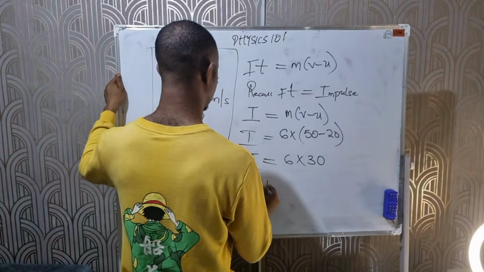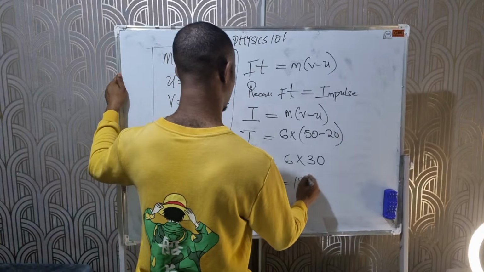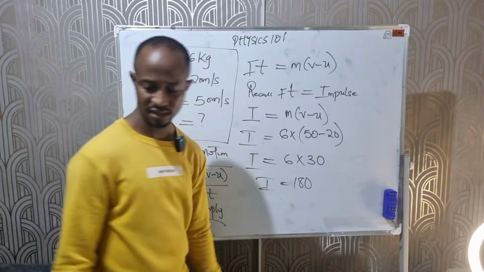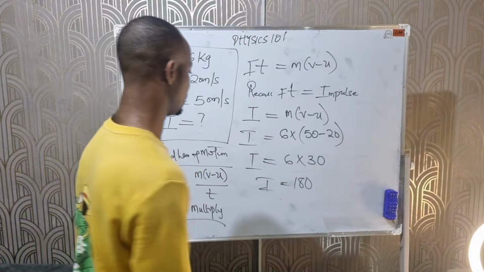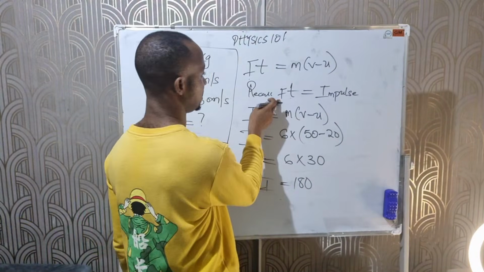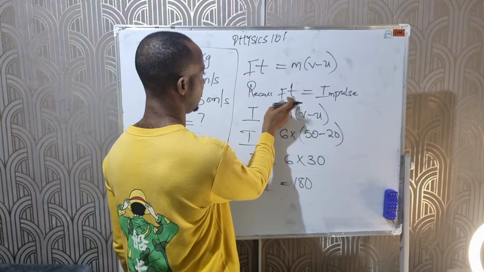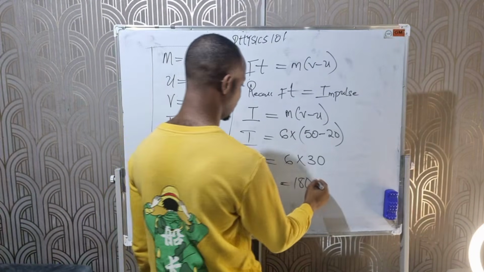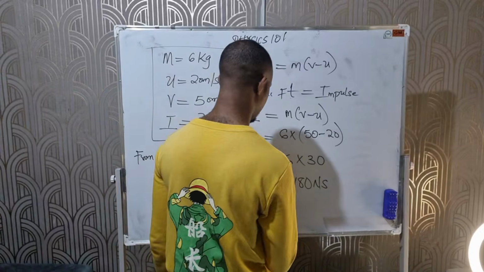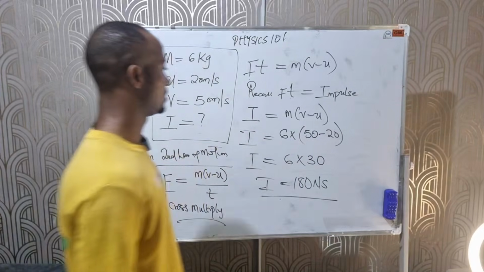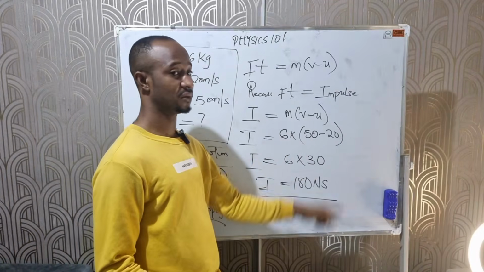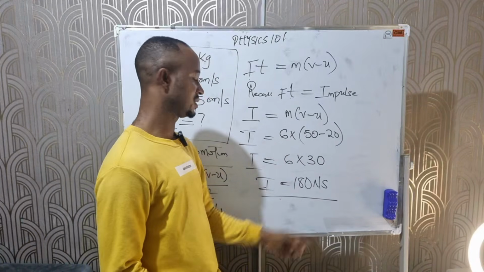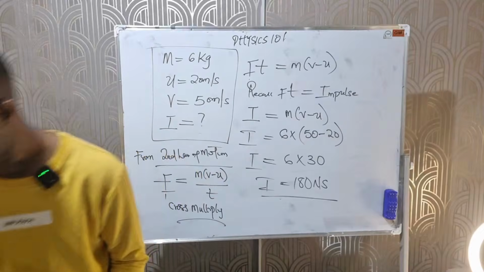So 6 times 30 is 180. Force is measured in Newton, while time is in seconds, so it will give us 180 Newton seconds, or we can also say 180 kilogram meter per second.